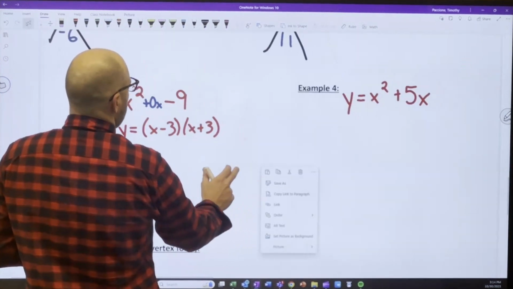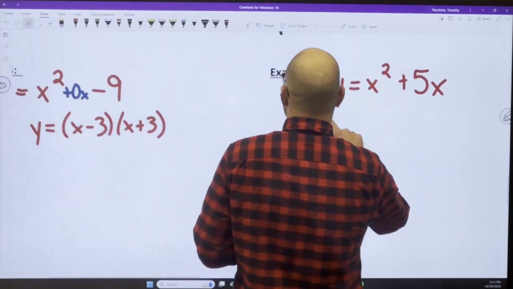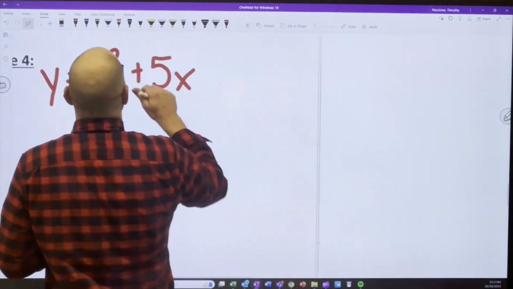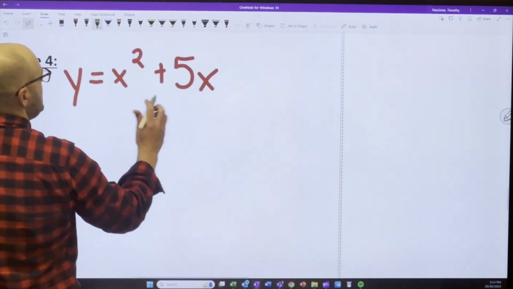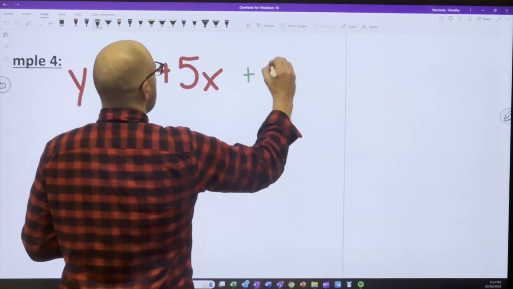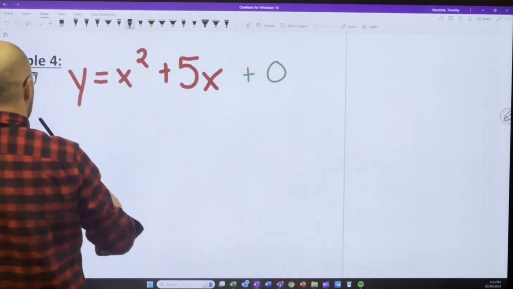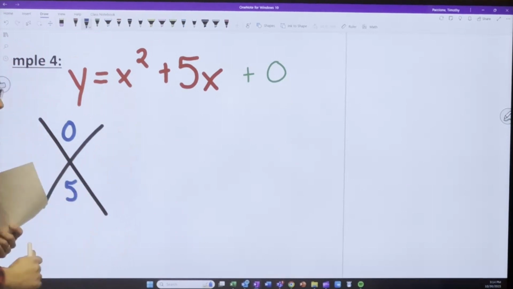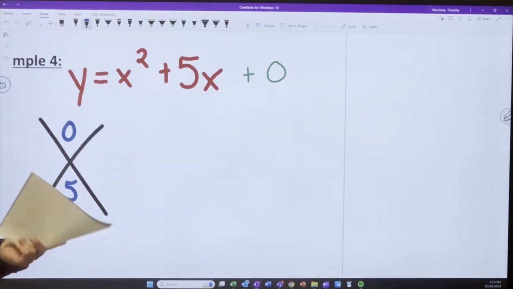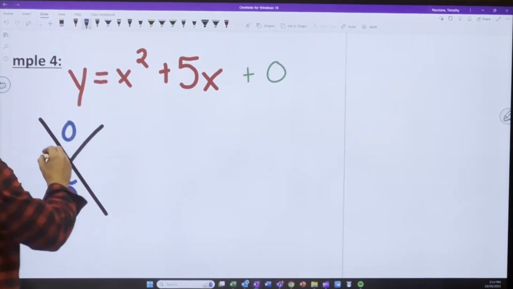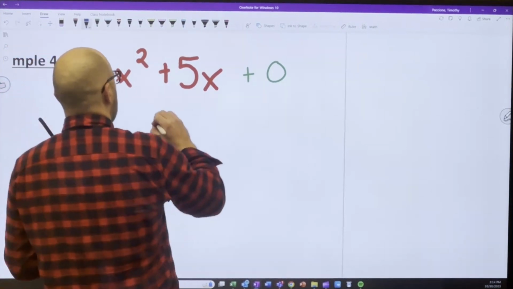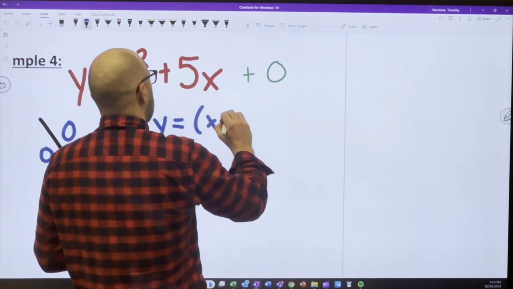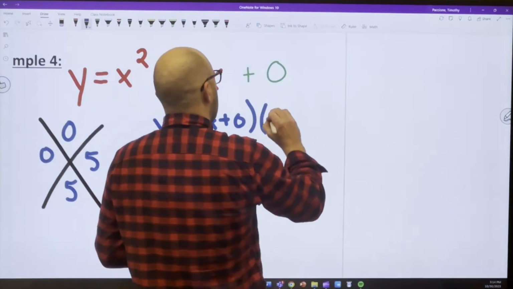All right, last one. What am I missing this time? C. So I'm just going to add a 0 at the end, right? And now I have my magic x. I got 0 on top, 5 on the bottom, two numbers that multiply to give me 0 and add to give me 5. 5 and 0. So this becomes y equals x plus 0 and x plus 5.